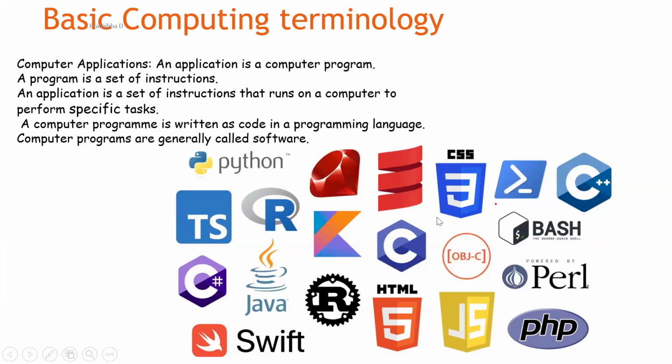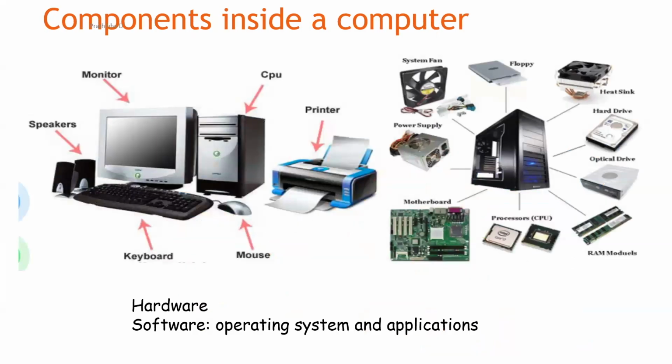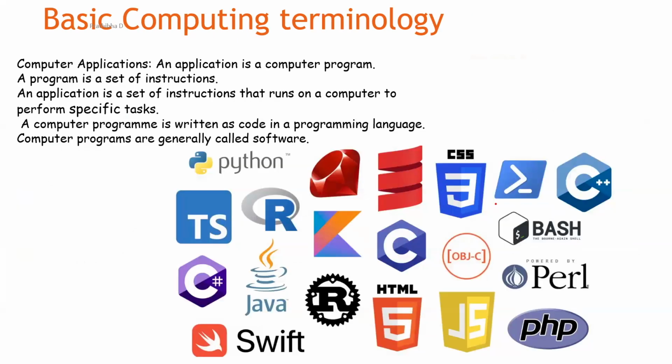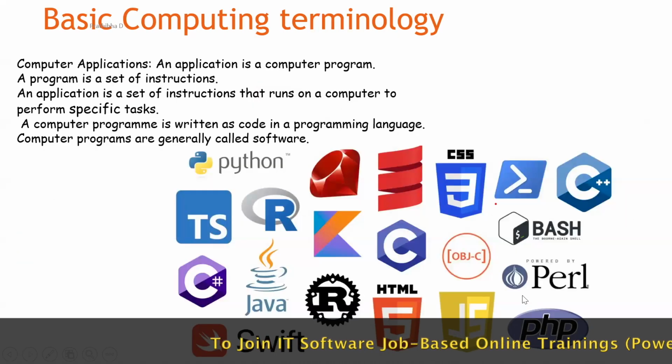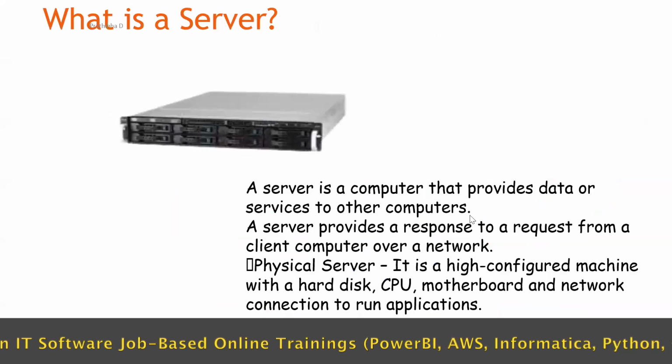These are all different types of programming languages, which help when you have to write a program. So basically, we have two things when talking about your computer: the hardware part, and the software, that is the application part. So this is about hardware and software.